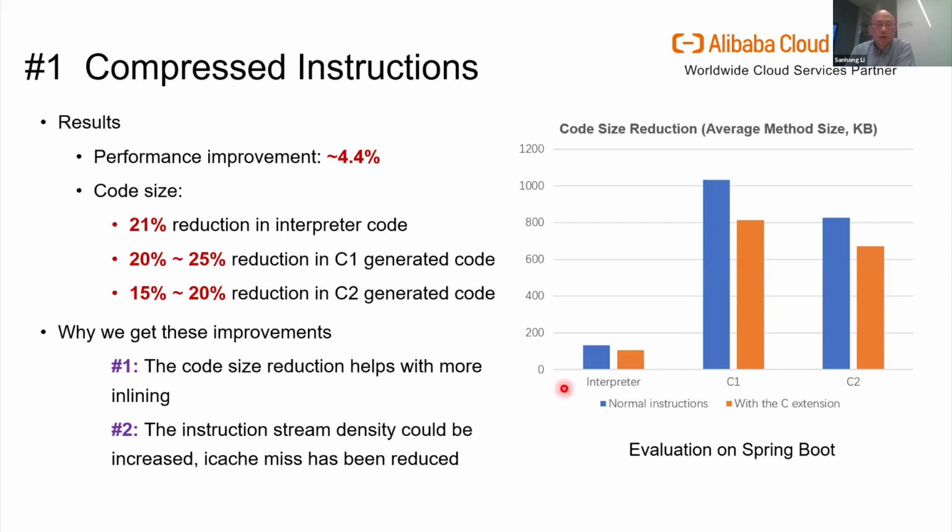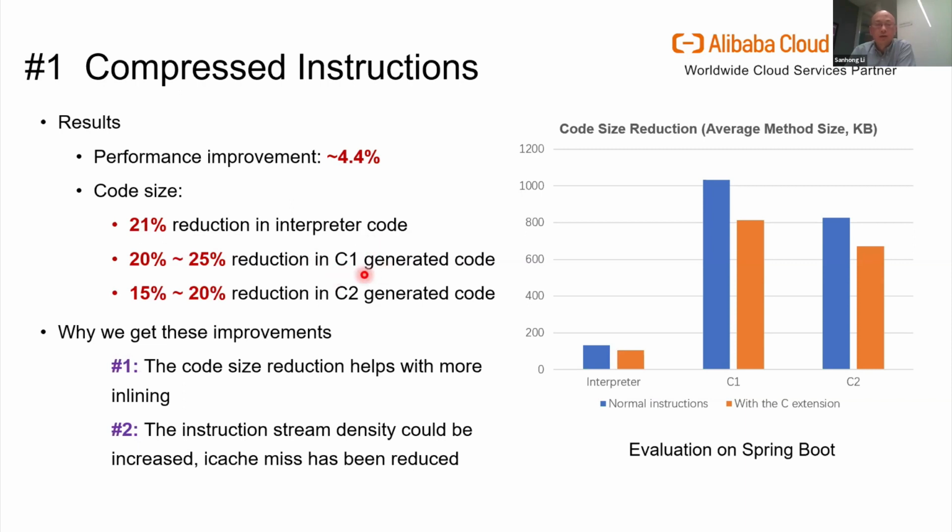We all know RISC-V supports the compressed instruction, so with this instruction we can use a small code size to improve performance. We used a Spring Boot application to evaluate the code size reduction, and we can see about a 20% reduction in the Java code, some in the interpreter, and some in C1 and C2.